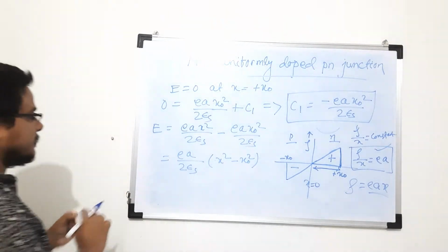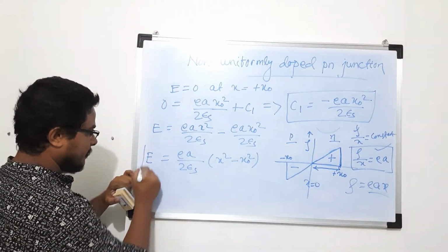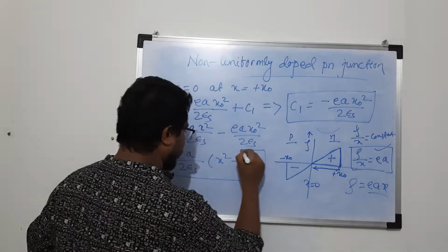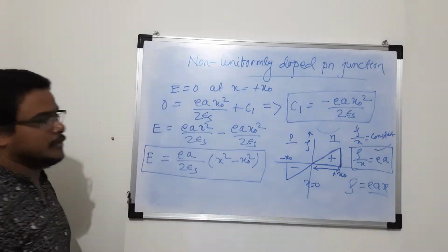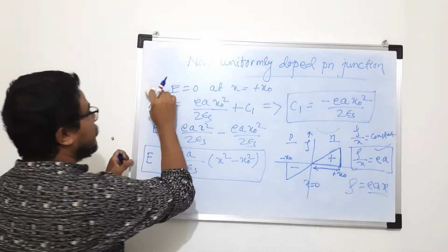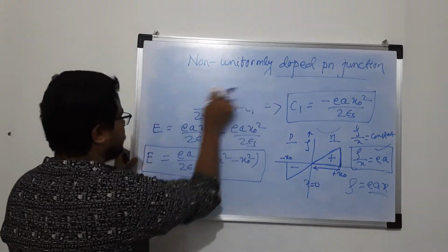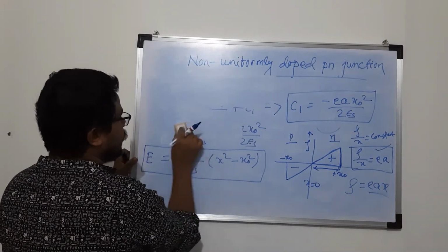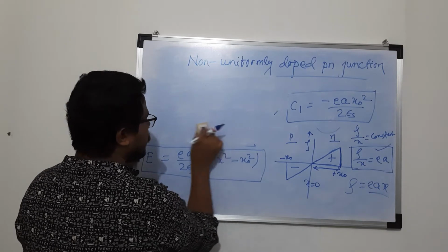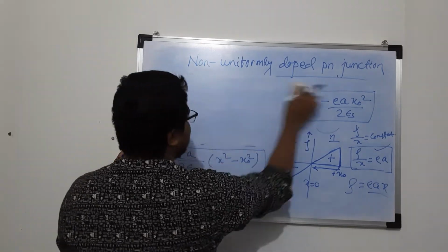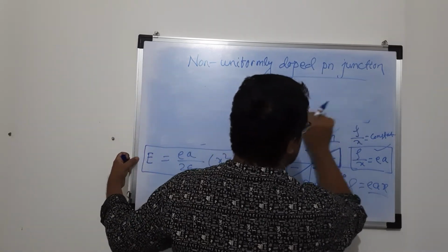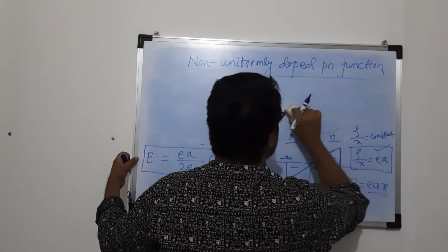Now we can use this expression for the electric field in the depletion region to obtain the potential in the depletion region. So how to obtain the potential? Once you got the electric field value, you know the relationship between the electric field and the potential in 3 dimensions, and we will write it in 1 dimension.